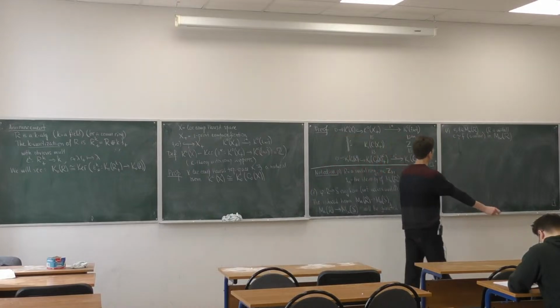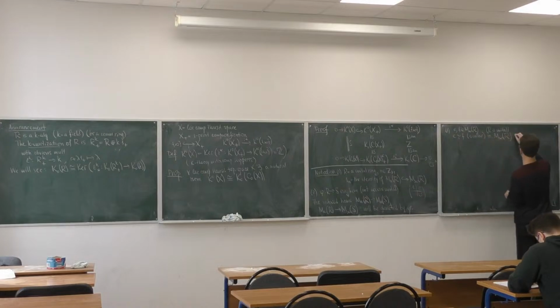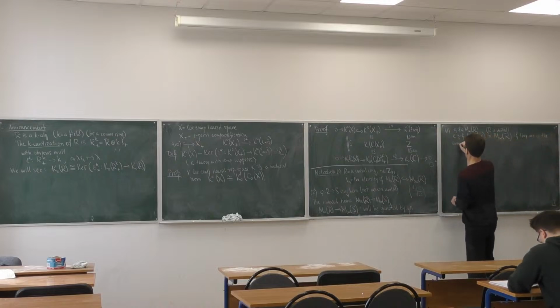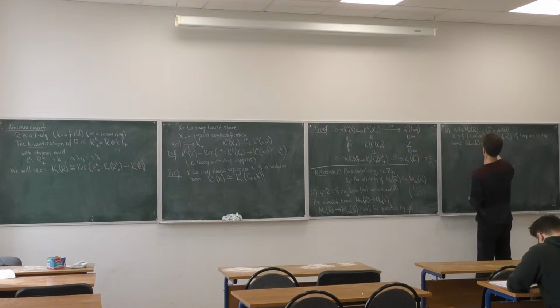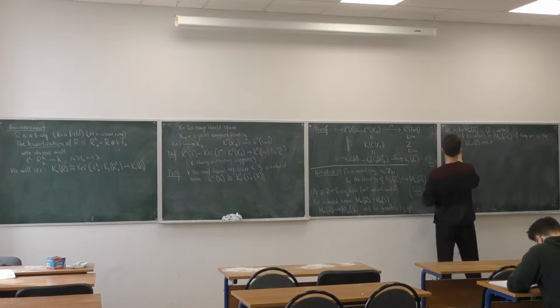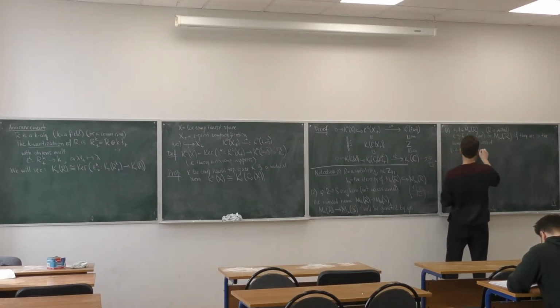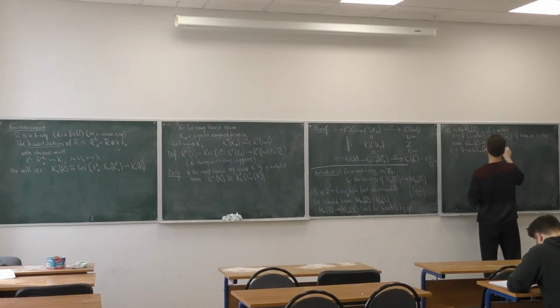So we say that they are similar in M infinity of R if they are in the same GL infinity of R orbit, which means that there exists an infinite matrix U in GL infinity of R such that U E U inverse equals F.